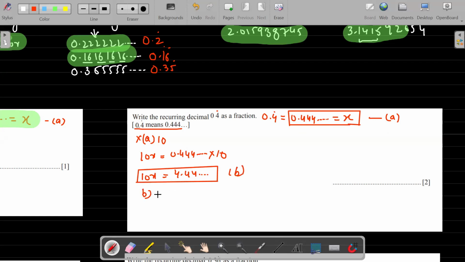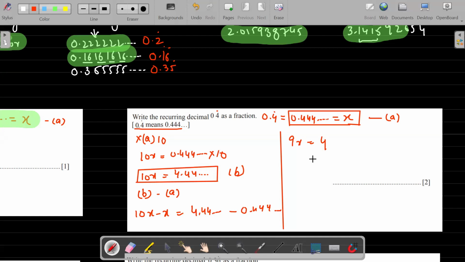Now from equation B, we will subtract equation A. So first we will write 10x minus x is equal to 4.44 and so on minus 0.444 and so on. So you can see that we will conclude this as 10x minus 1x is 9x equals 4.444 minus 0.444.